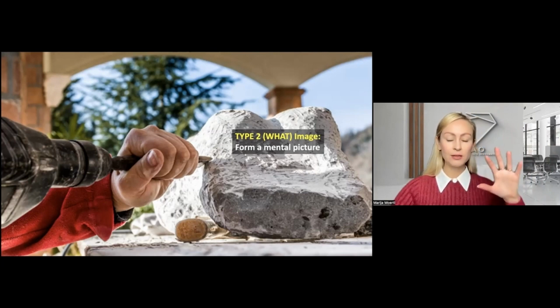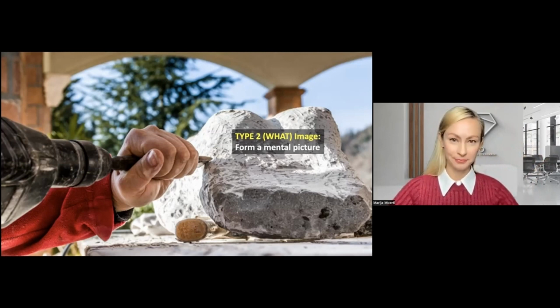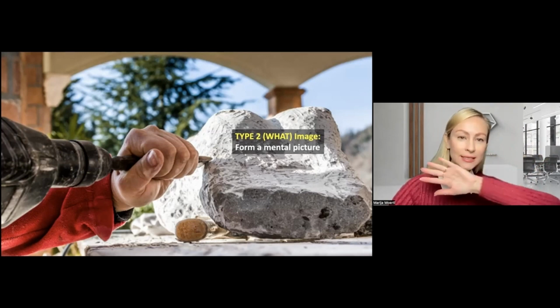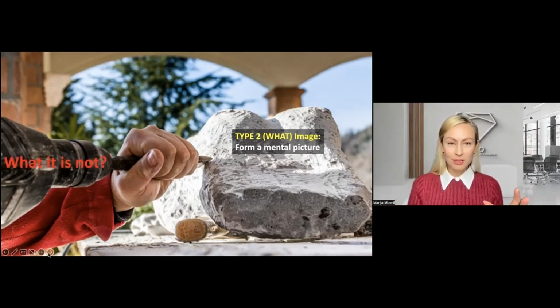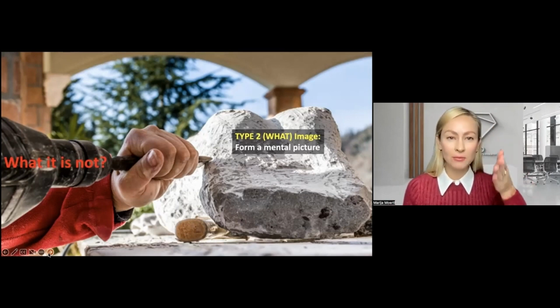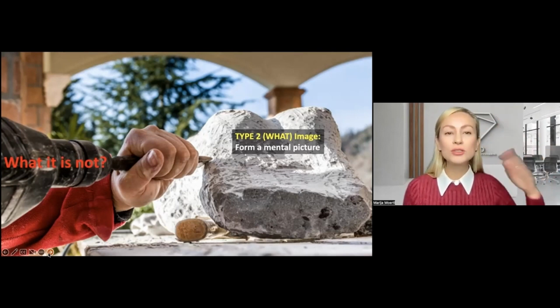It's when you first try to explain what it is not. You take wrong ideas and then you cancel them. So that students can understand what is correct, not by just directly telling them the correct idea, but by taking away everything that it is not.